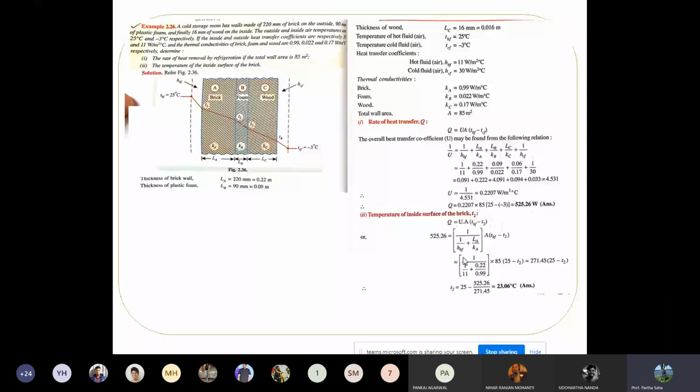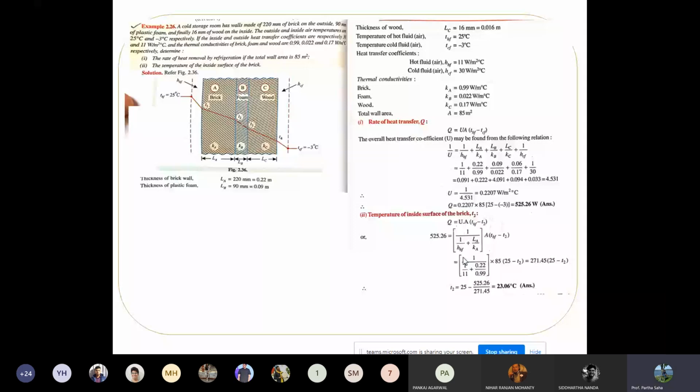If the inside and outside heat transfer coefficients are given as 30 and 11 watt per meter square C, and the thermal conductivities of brick, foam, and wood are given as 0.99, 0.022, and 0.17 watt per meter C. Determine the rate of heat removal by refrigeration if the total wall area is given as 85 meters square, and the temperature of the inside surface of the brick.